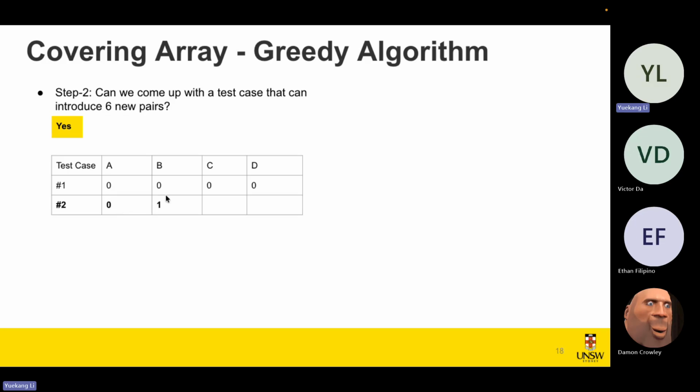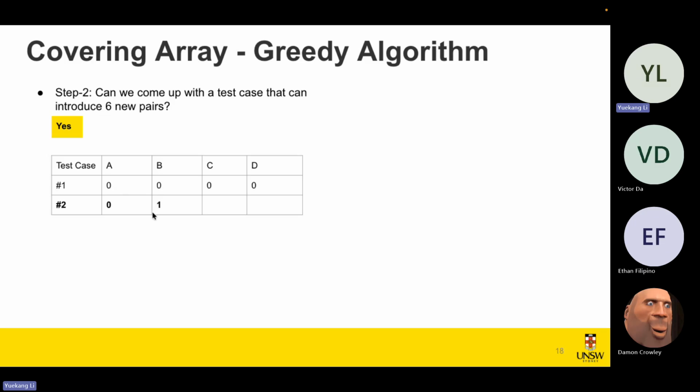So should we allow B to take 0 or 1 here? You know the answer is 1, but why don't we allow B to be 0 again? Yes, because we are greedy here. We already have the case where AB is 0,0, right? So we shouldn't allow B to be 0 again.